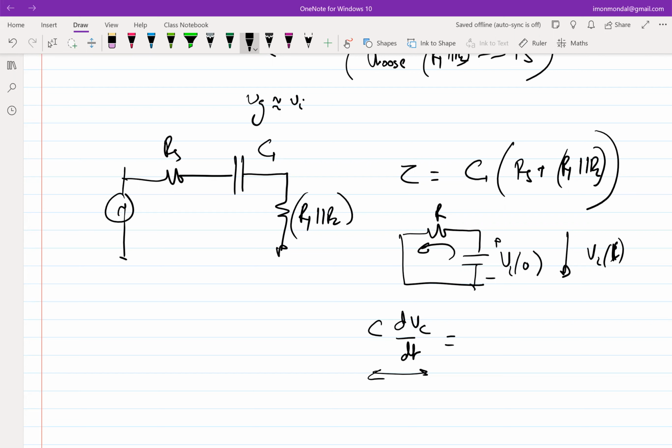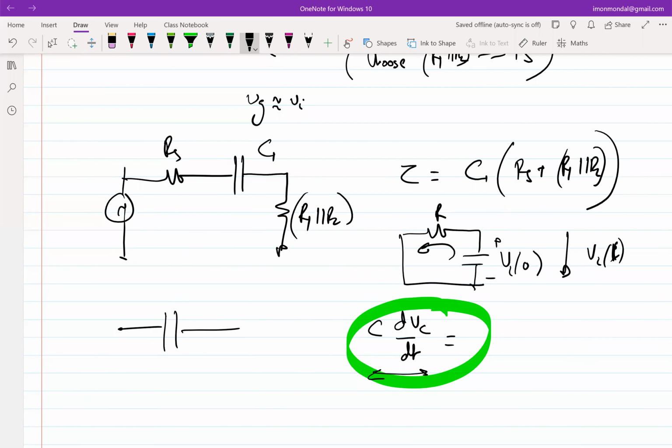When I say that your current through the capacitor is C dVC dt, what I'm implying is, forget about this network. Let's say I have DC, and what is the current I in terms of? It's not VC by R. Minus C times dVC by dt, going in which direction? In the direction that I have shown, what will be the capacitor current relation? Right, C dVC dt. So it will be minus or plus?